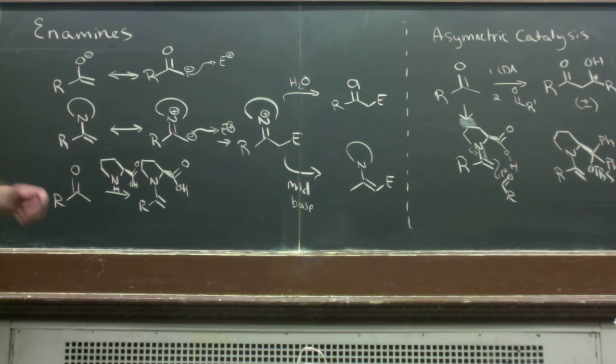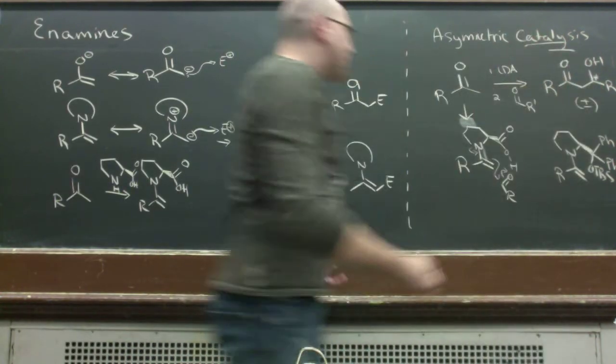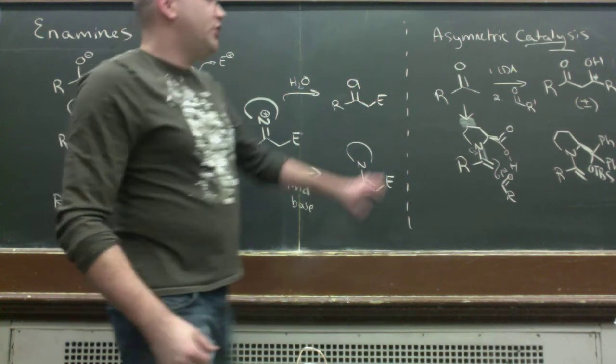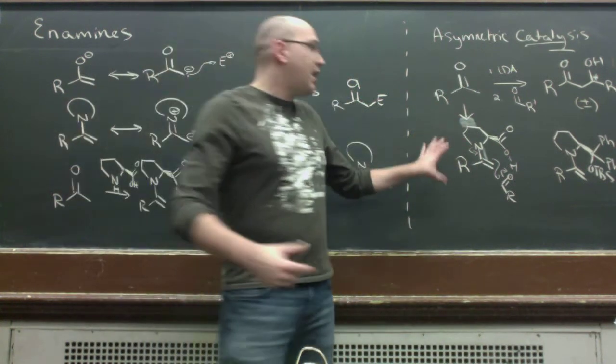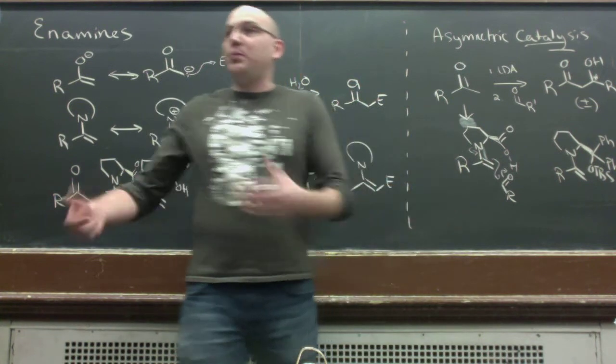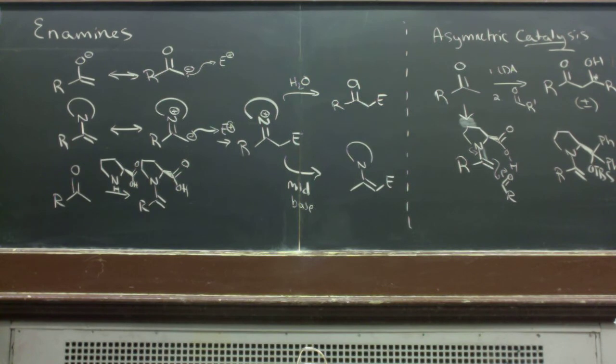But it turns out the key word here is catalysis. And as it turns out, you can certainly use stoichiometric, or you can use an equal amount. You could actually pre-make the enamine, but that wouldn't be catalytic, right? That would be sort of stoichiometric in a way.